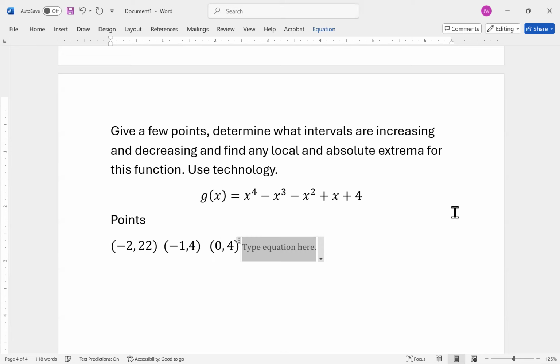Another point was (1, 4). Another point was (2, 10) that we saw. And another point was (3, 52) that we saw. And again, we can check those if we want by just plugging in the corresponding value for x into g and see that that gives us out the right y value as our output. But those are some of the points we saw.